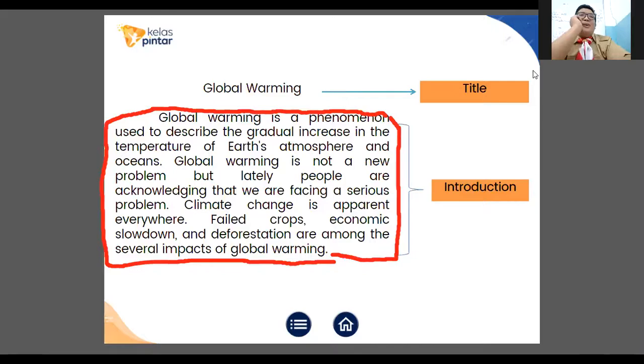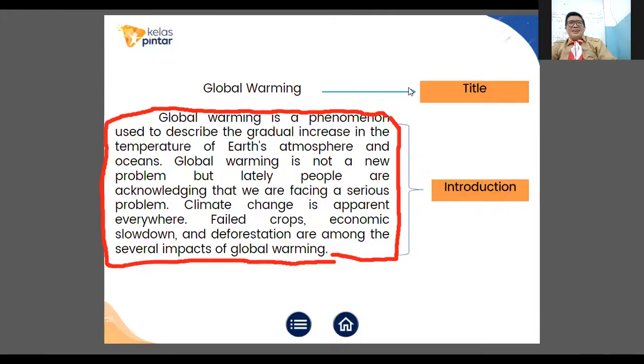Thank you. Okay, guys, from these statements, what can we get from this paragraph? Or what kind of statement is this? Ini penjelasan apa ya? Pernyataan yang seperti apa?